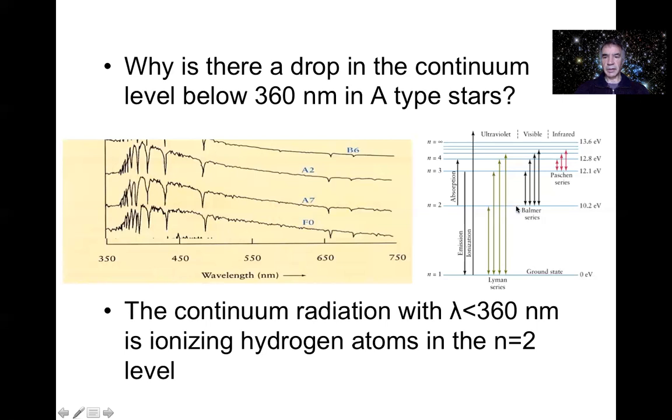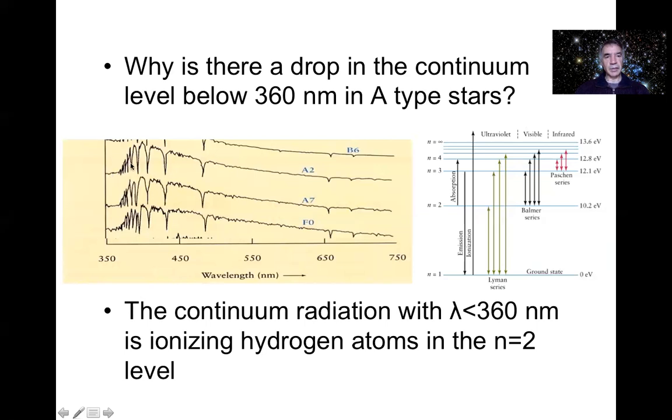So an electron here would jump all the way up into the continuum. At this point, all your photons, no matter what wavelength, if they come across a hydrogen atom in the n equals 2 level, are more than likely to ionize it. So that explains that drop there.